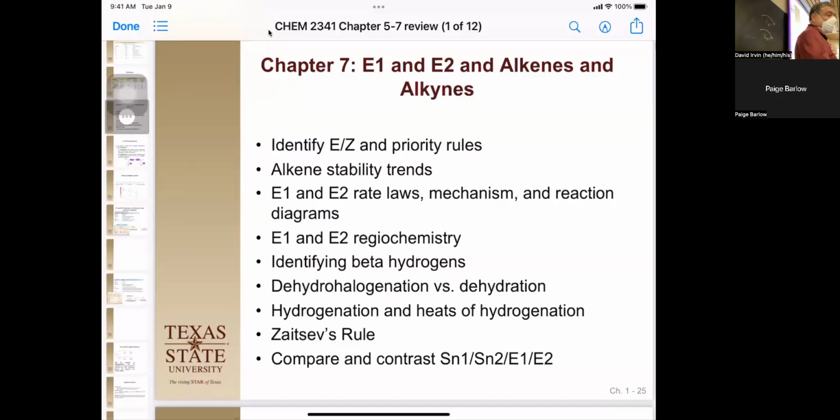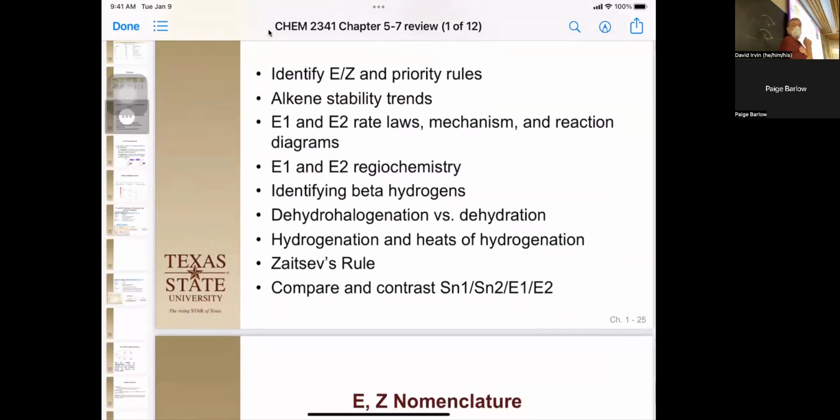Okay, hydration and heats of hydration. The heats of hydration just tell us how we really know the more substituted one is more stable. And we looked at that in comparison with the different kinds of catalysts we use to hydrogenate our alkenes and our alkynes. If we think about metal catalyzed hydrogenation, the more substituted is more stable, therefore it's going to react slower.